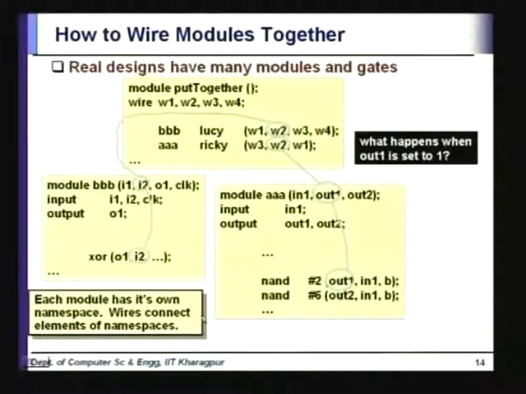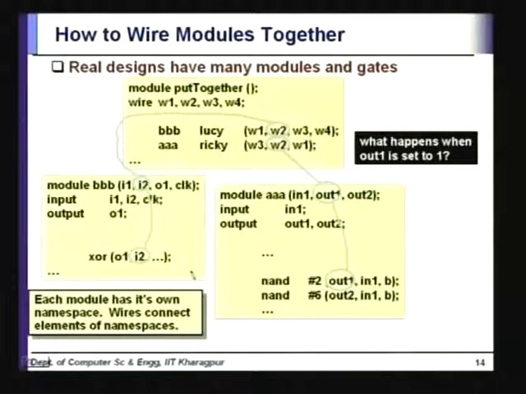Now, how does the data flow through these? Think of this module called put together, which has one copy of the module BBB and one copy of the module AAA. Just see how they are connected. There are wires W1, W2, W3, W4, used to connect them in this way.